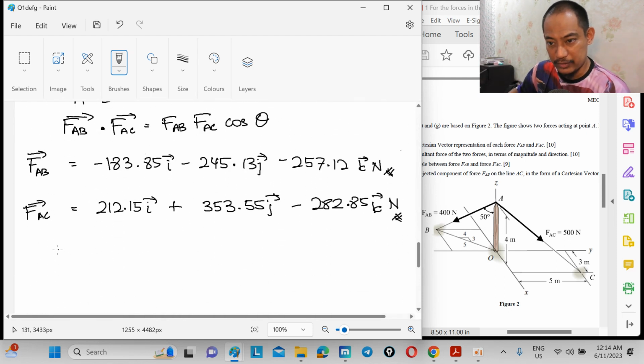So FAB dot FAC, if we calculate from both vectors, you straight away multiply this by this, etc., right?